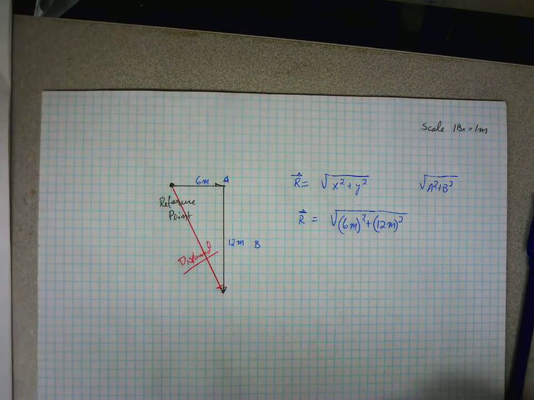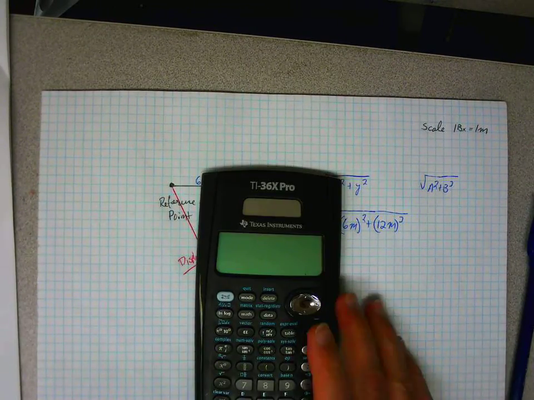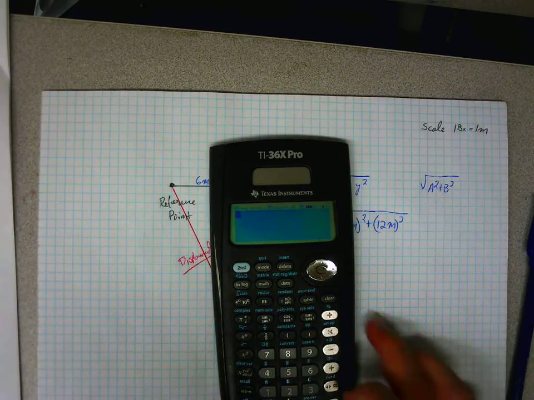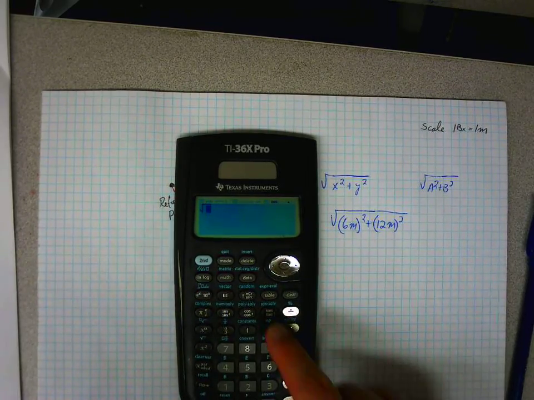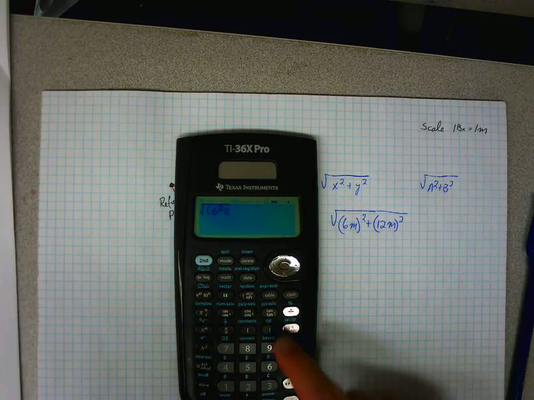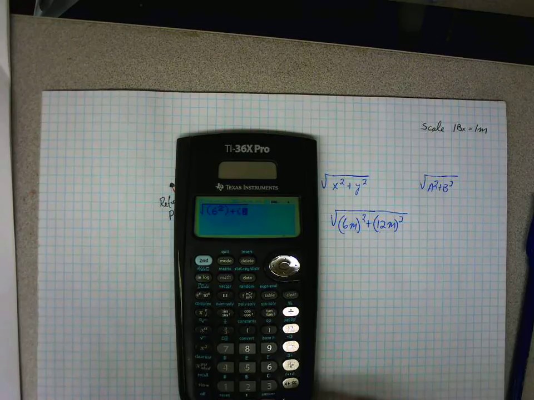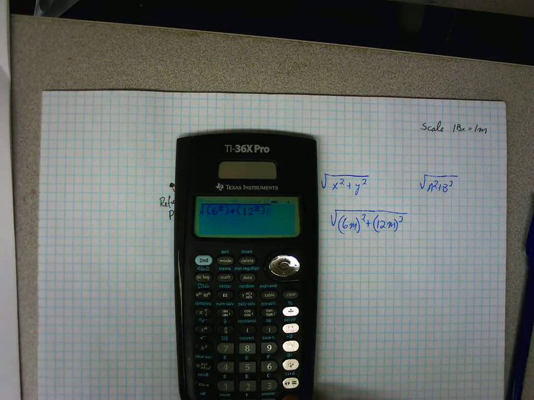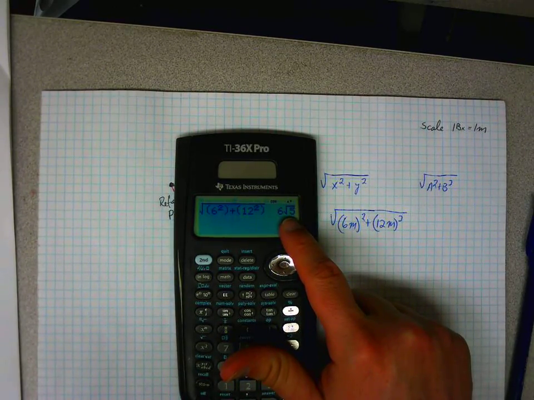So now we take out the calculator, okay? And what we place in the calculator is exactly that. We do the square root, open parenthesis, 6 squared, close parenthesis, plus, open parenthesis, 12 squared, close parenthesis, and we do equals, and we get this number of 6 times the square root of 5.